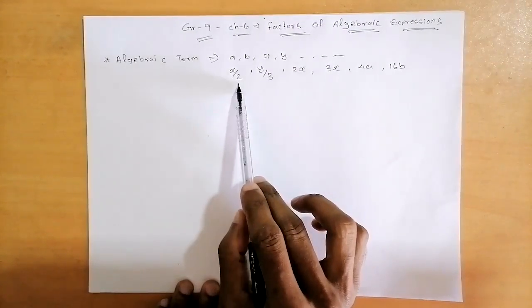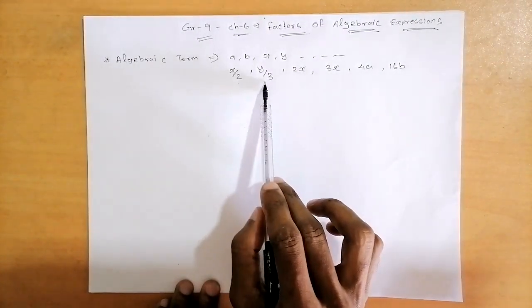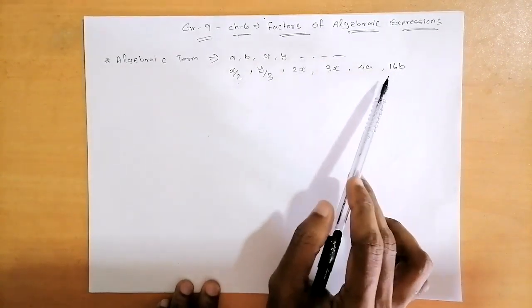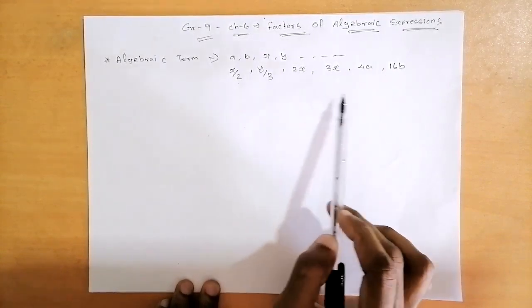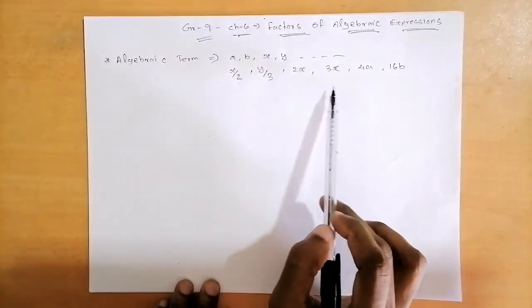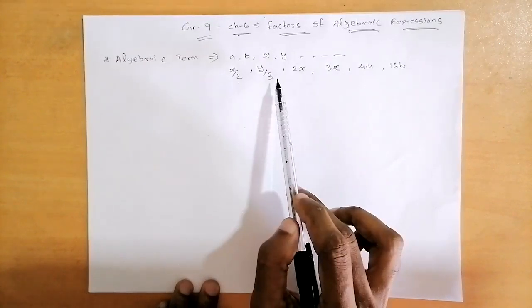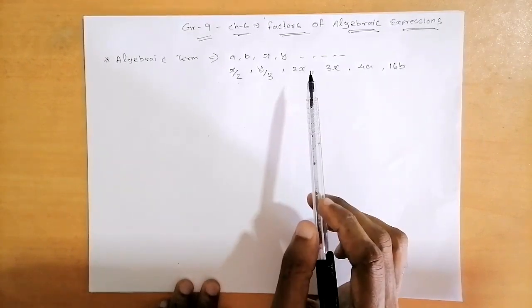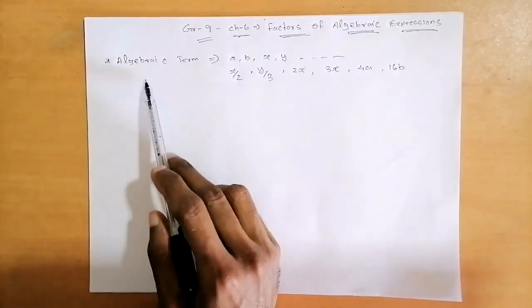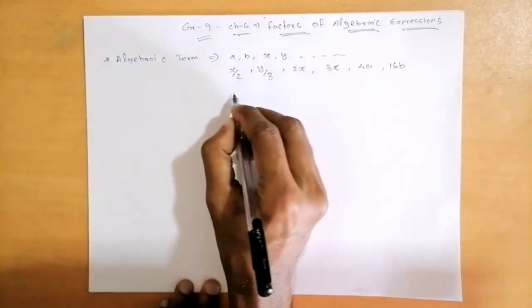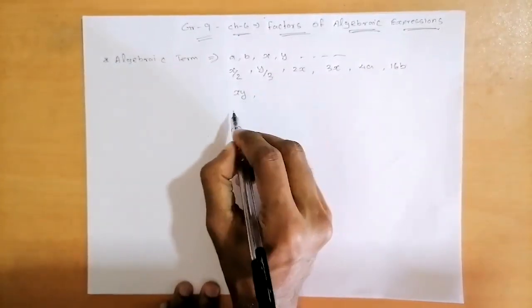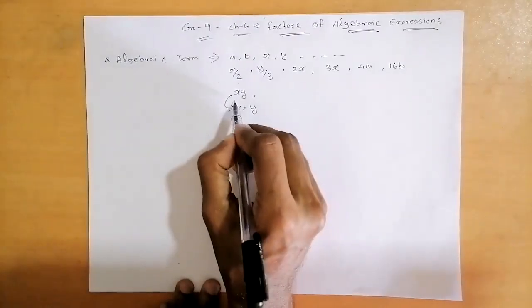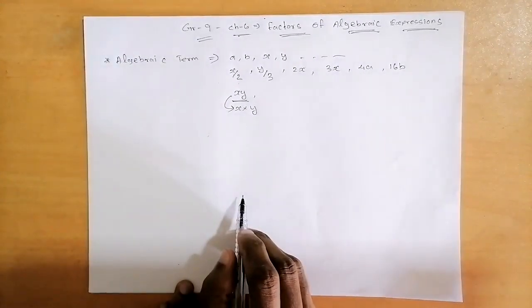So what about multiplying two algebraic terms? Can we categorize them as algebraic terms? Yes. For example, xy, where x and y are multiplying each other. So xy is also called an algebraic term.